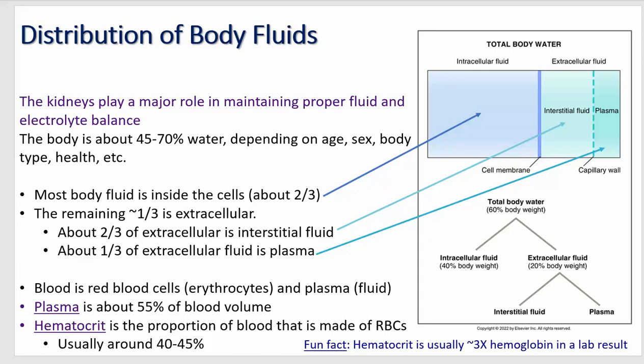If you've got more fat, if you don't have as much, that all affects how much fluid or water is in your body. Also health, people with different conditions have different distributions and different abilities to get rid of fluid. All right, so most body fluid is inside the cells.